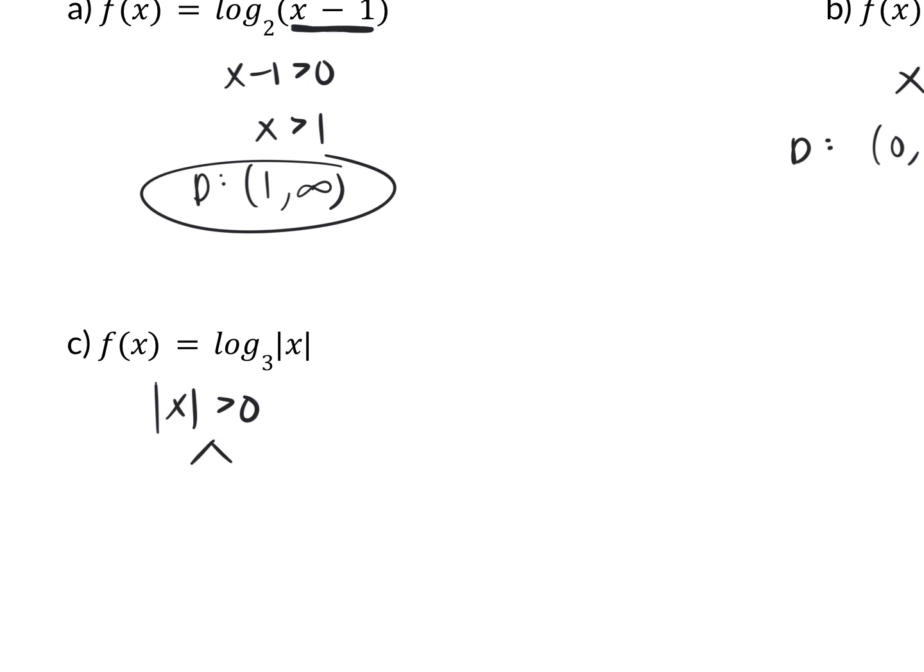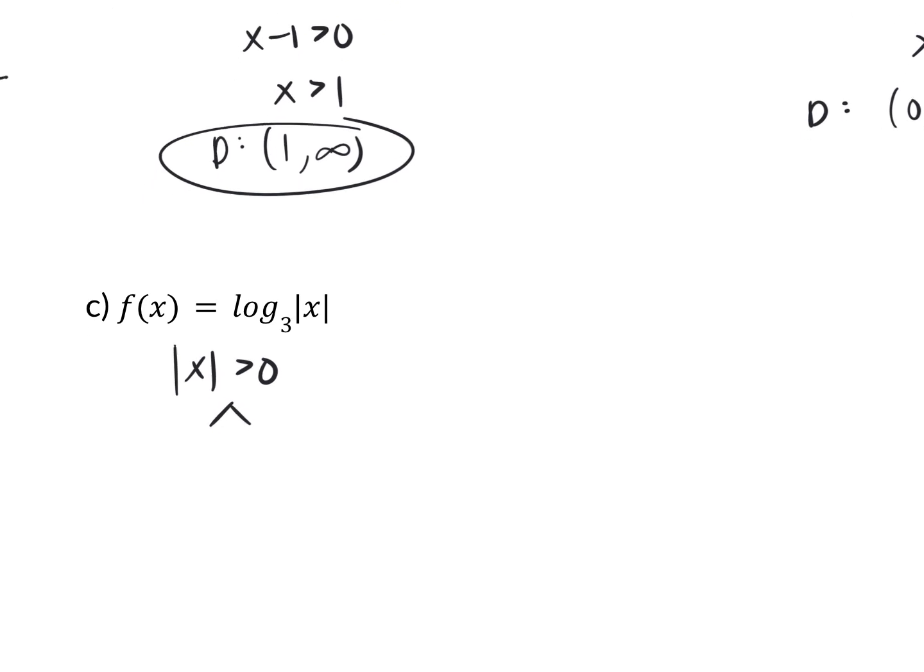So technically, if you remember back to your Algebra 1, Algebra 2 days, when you have an absolute value, you split this into two equations of x greater than 0 and x less than 0, right? And if I were to write my domain for that, exactly what you guys said, everything except for 0. So negative infinity to 0 and from 0 to infinity.